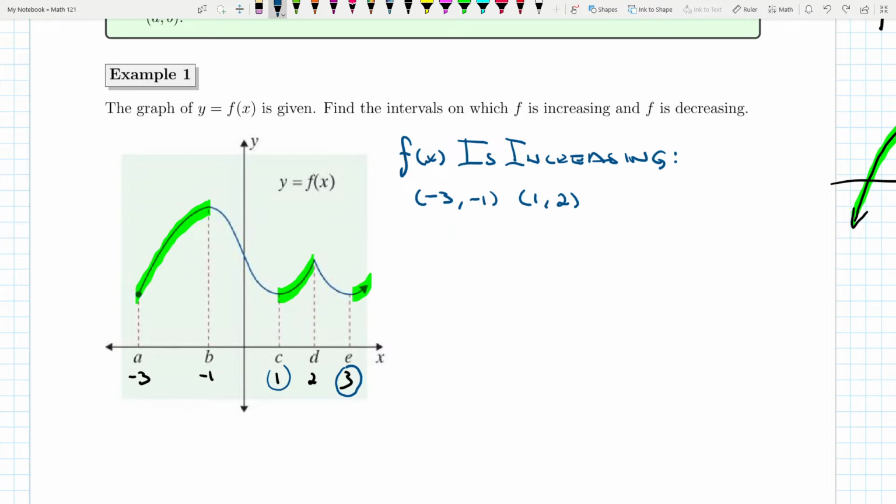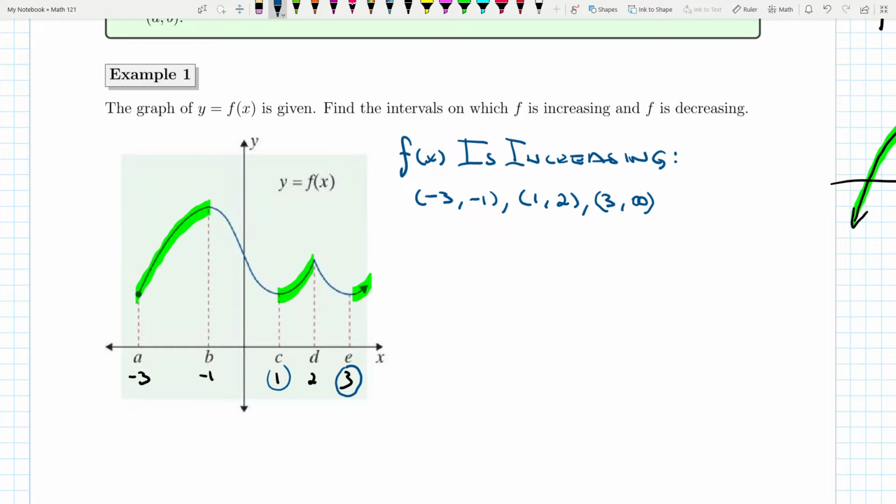So we can say that it also increases from 3 to infinity. The more formal way to describe this is by putting the union symbol to connect these sets. However, on the homework, most likely you will be asked to list these intervals separated by commas. So either way is fine.